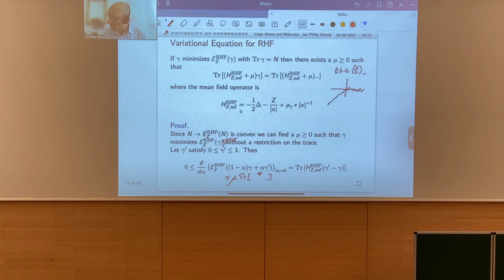So t minus is the minimum of t and 0. But this is a continuous function of t.